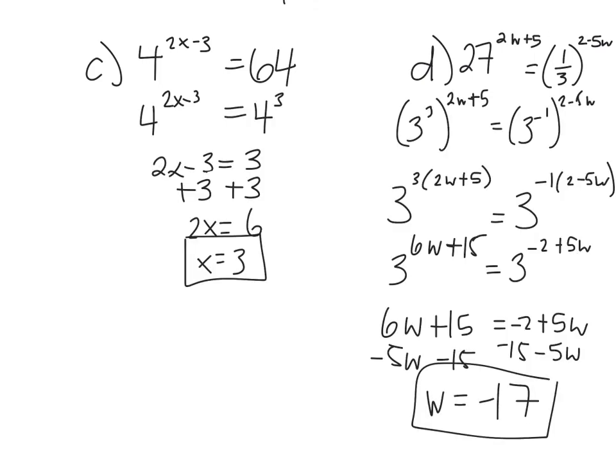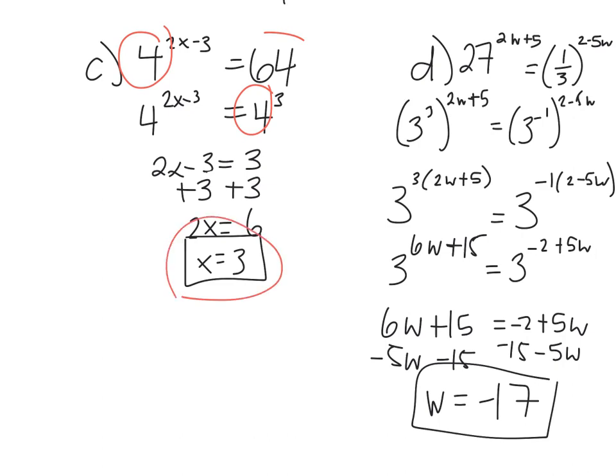Alright, so hopefully after you pause the video, you got the same answers that I did. On the first one, the base you were going for should have been 4. Okay, so then you get 4 to the 2x minus 3 equals 4 to the third. And then you set their exponents equal, and hopefully you got x equals 3.